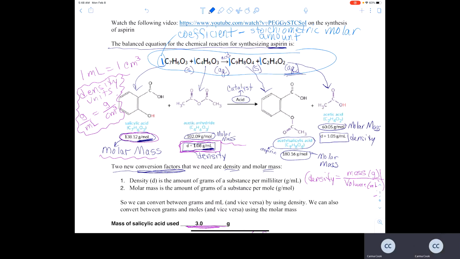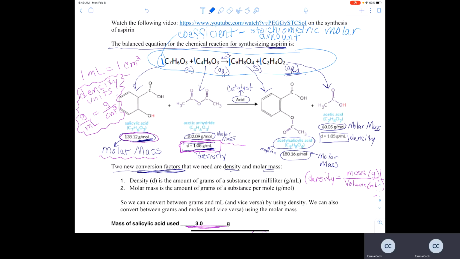So what this balanced chemical reaction for the production of aspirin is saying is that for every 1 mole of salicylic acid and 1 mole of acetic anhydride that you react together, you're going to produce 1 mole of aspirin, which is acetylsalicylic acid, and 1 mole of acetic acid.